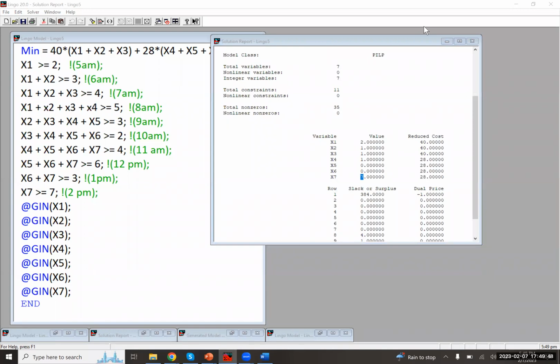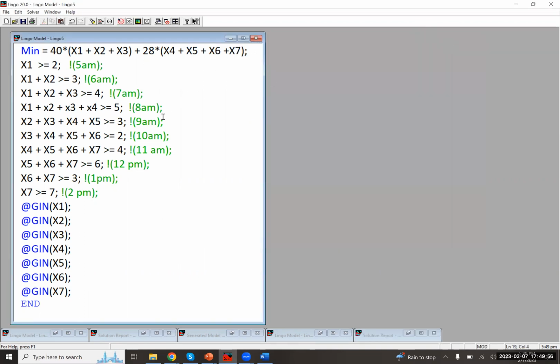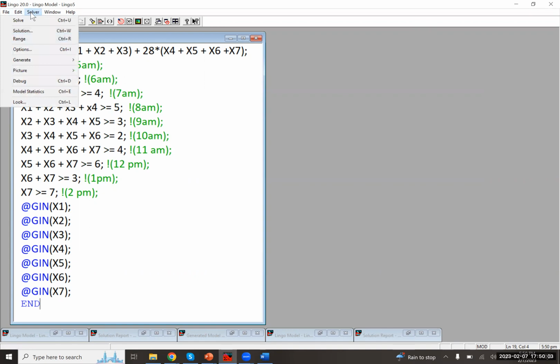Okay. Now let's work on the LINGO input. So to do that, first you need to choose options in the solver menu.